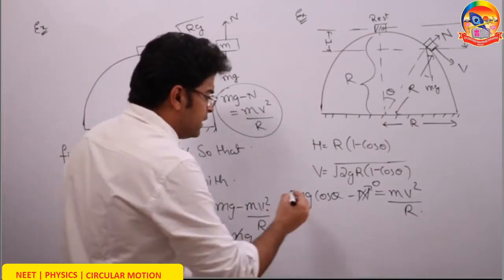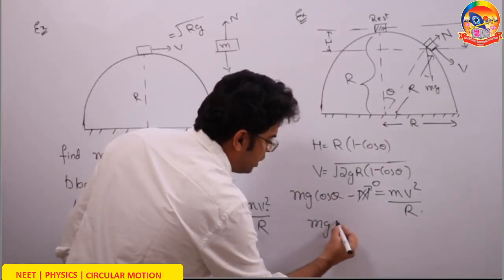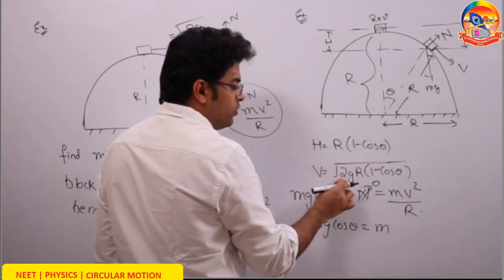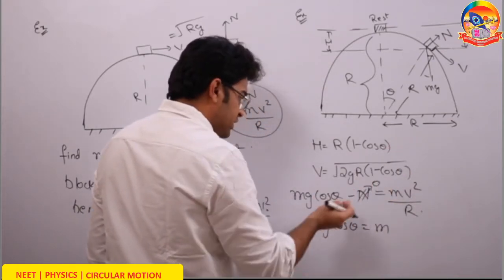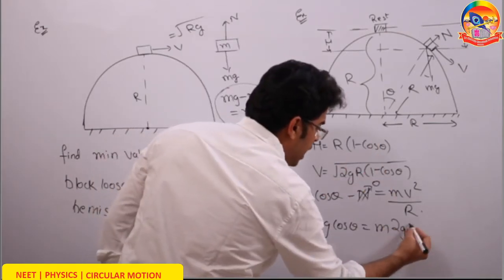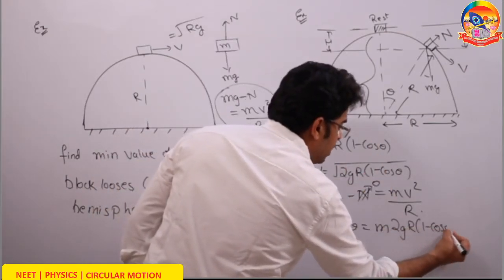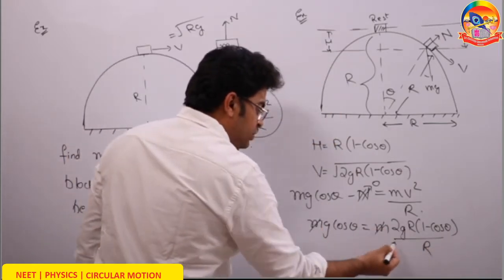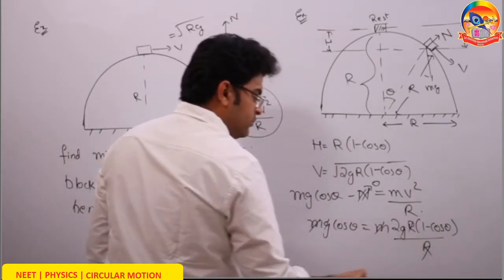Since the normal reaction has to be 0, you will get mg cos theta equals mv square by r, and in place of v square, you can substitute 2gr times 1 minus cos theta, so you get 2gr into 1 minus cos theta by r. Now you can cancel out m, g, r on both sides.